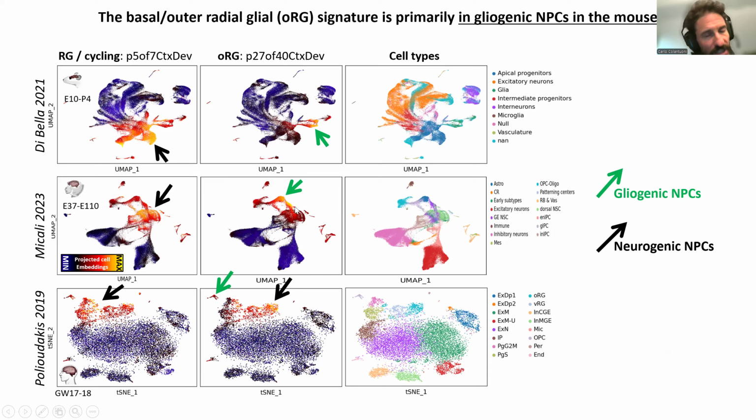But what's interesting is that this makes it look like, and I'll show you even more data in a second, in the mouse and potentially in the original common ancestor of all these mammals, it is likely that this program existed in the absence of basal or outer radial glial cells, but it existed in gliogenic progenitors.